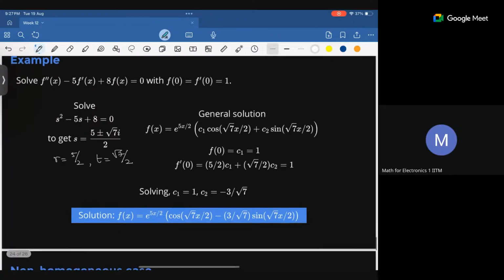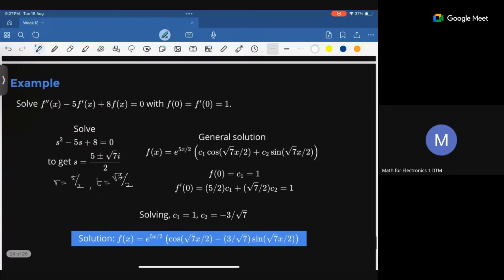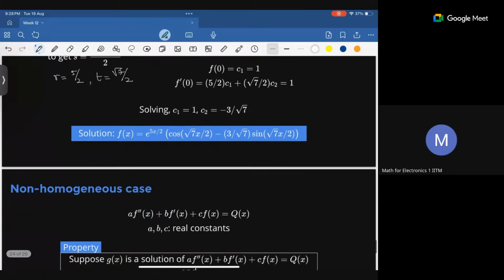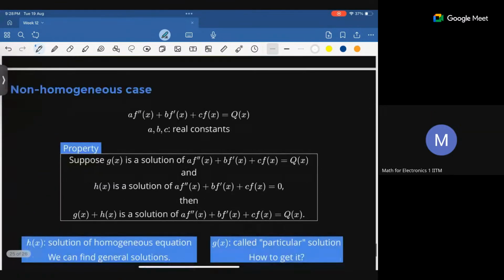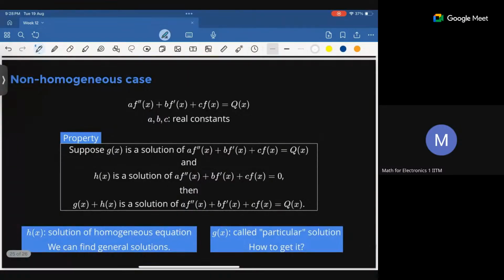Right? So this is how you can solve homogeneous second order linear ordinary differential equations. Right? So if you have the non-homogeneous case, where the right side is not 0, it is some other function q of x.